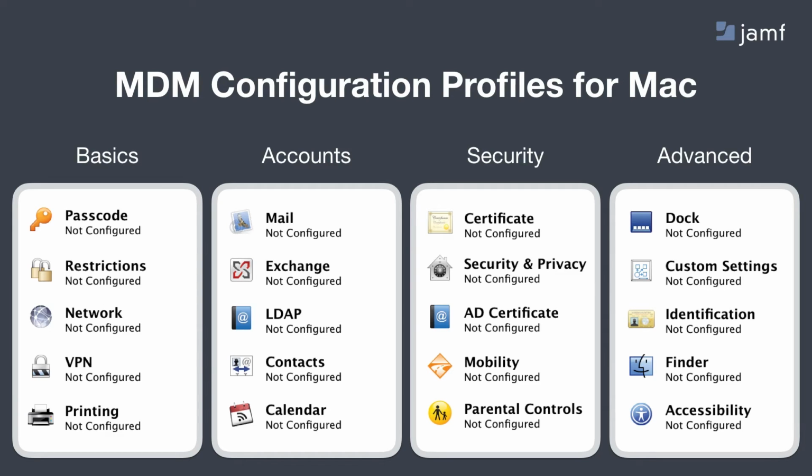Going into some of the more advanced security payloads, you can deploy certificates down to your Macs. You can configure how basically everything inside of that security and privacy preference pane is handled. So that means turning on FileVault or making sure that users only get apps from the App Store.